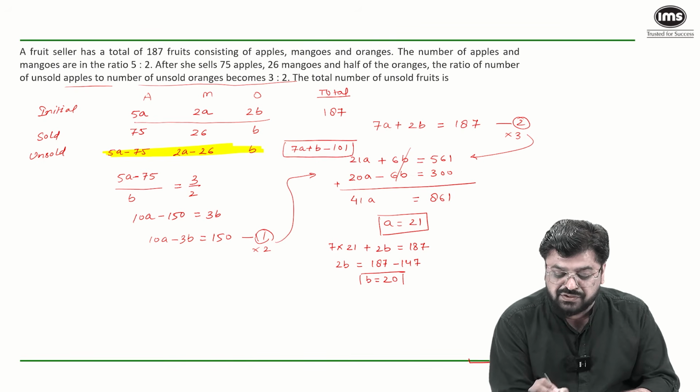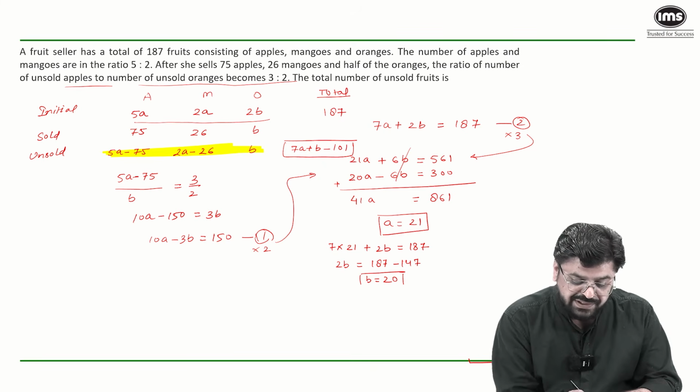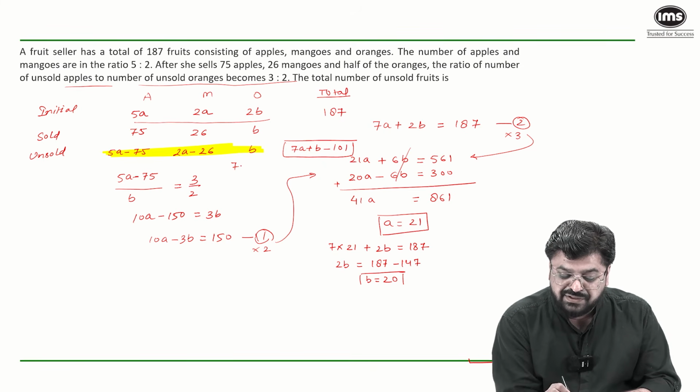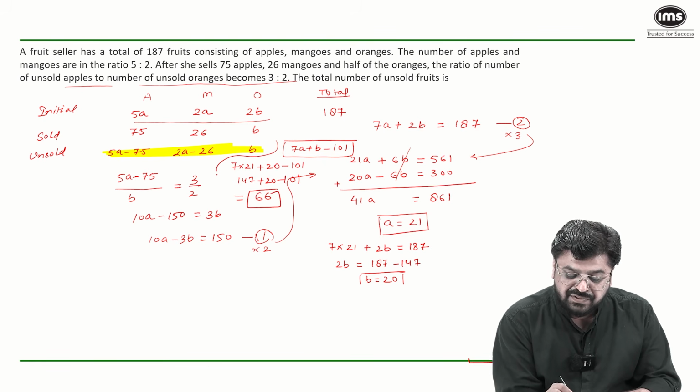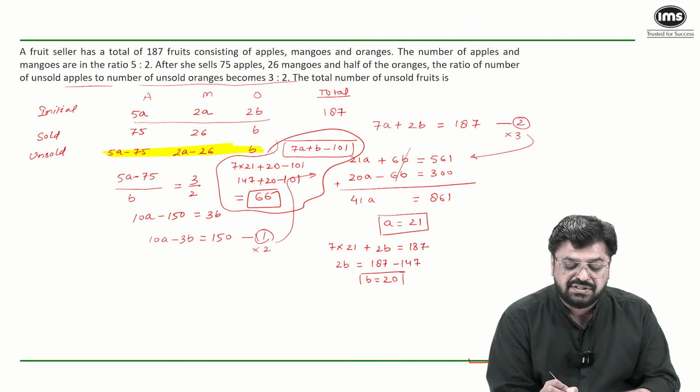Just plug in the values. So it is 7 into 21 plus 20 minus 101. This is 147 plus 20 minus 101, which is equal to 66. So the answer is 66.